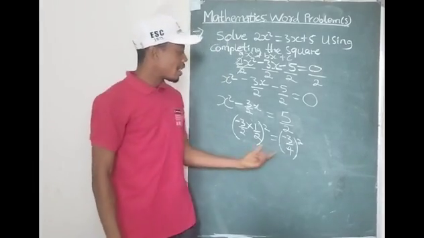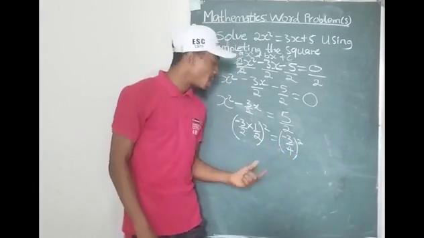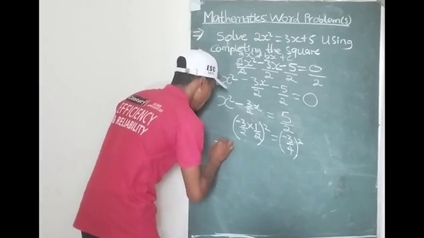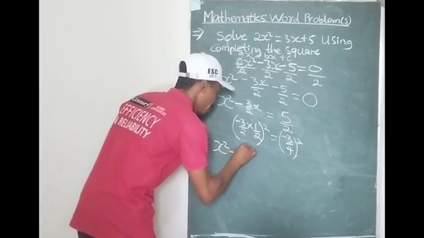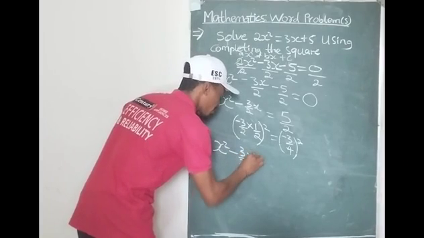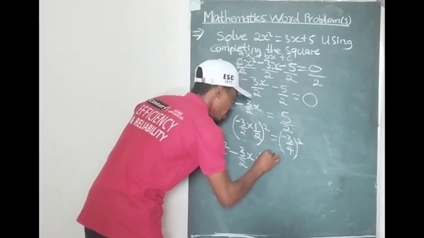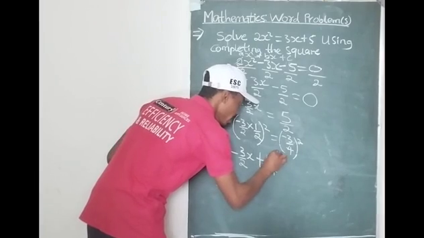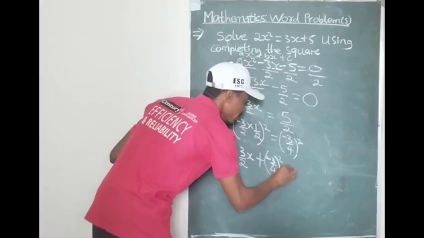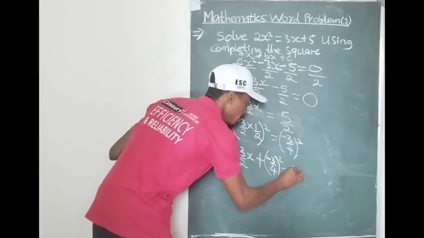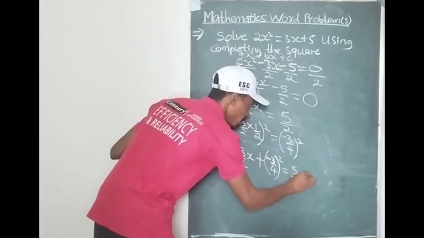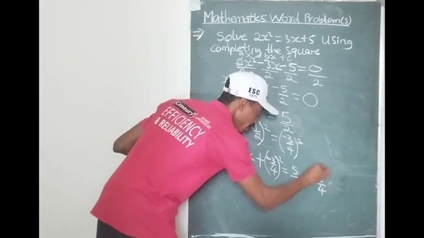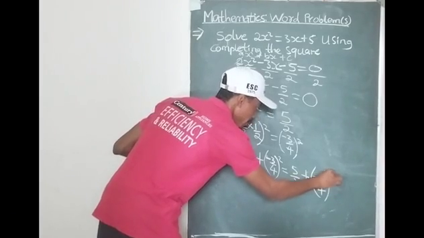Alright, so it doesn't just end in squaring this result, but we're going to add this result to both sides. This will become x squared minus 3 all over 2 x plus minus 3 all over 4 all squared equals 5 all over 2 plus minus 3 all over 4 all squared.